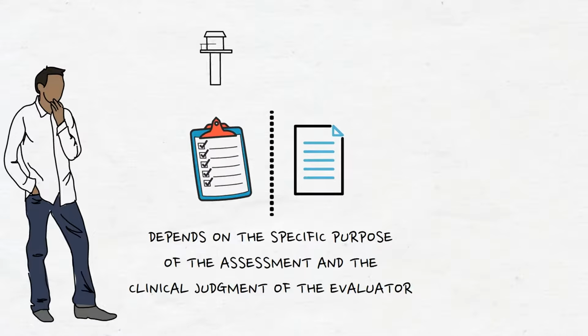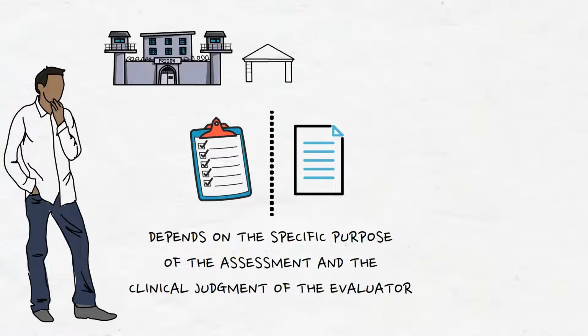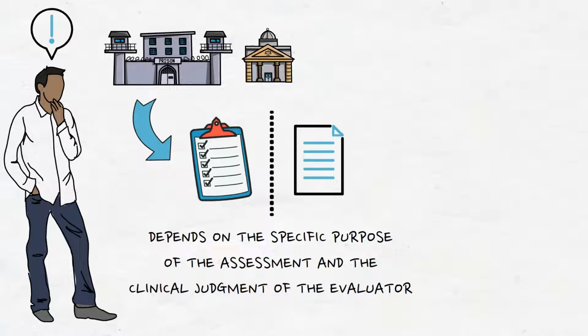In forensic settings, such as prisons or courtrooms, where the assessment of psychopathy may be important to legal procedures, the PCL-R is often administered by forensic psychologists, psychiatrists, or other mental health specialists.